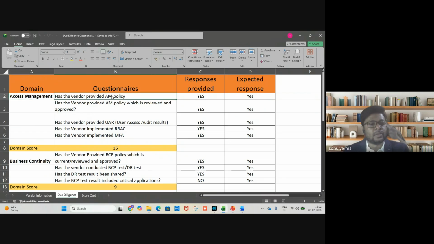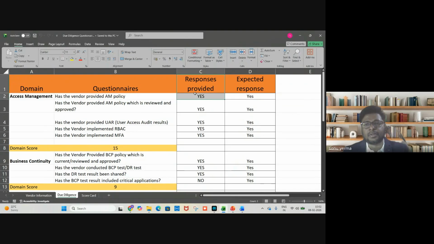We check whether the vendor has the access management policy or not. It is not like we are giving access to the vendor and the vendor is supplying the access to any XYZ. So what we do, we send this sheet to the third party, asking the question, do you have an access management policy?